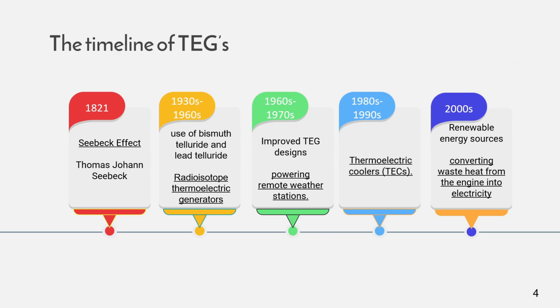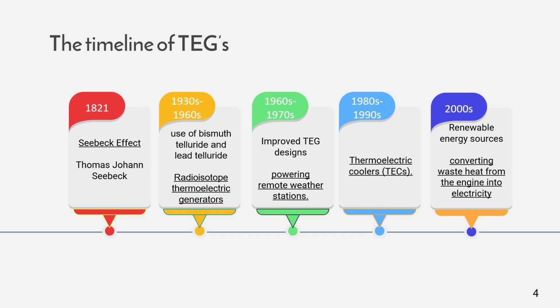So coming on to the timeline of the thermoelectric generators, it's in 1821 that the German physicist Thomas Johann Seebeck made an observation, and it is called the Seebeck effect. More details will be discussed later. For over a century, there were not many advancements in the energy generation capabilities of the Seebeck effect. But by the 1930s to 1960s, bismuth telluride and lead telluride were used for the manufacturing of thermoelectric generators, and they found applications in radioisotope thermoelectric generators.